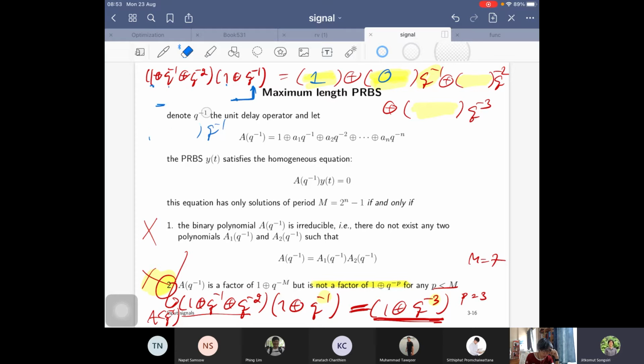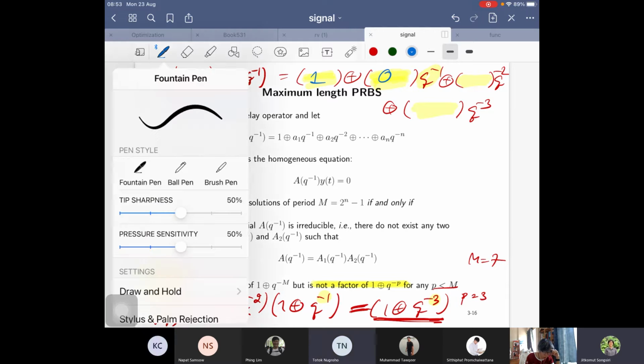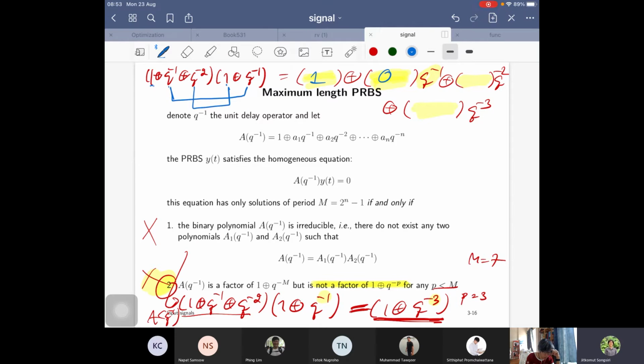Totok, can you give me the coefficient of Q minus 2? So what term do I look at? Here, crossing Q1 and Q2. So what are the coefficients? It is 1, and 1 modulo 2 is 0. Okay, the last one.